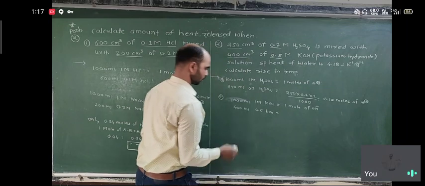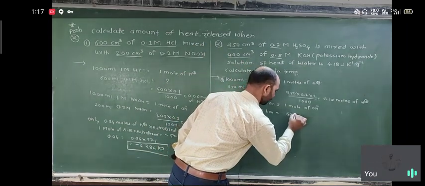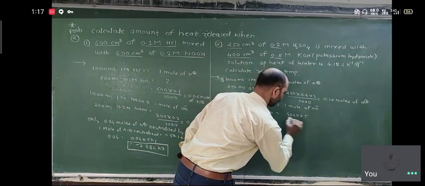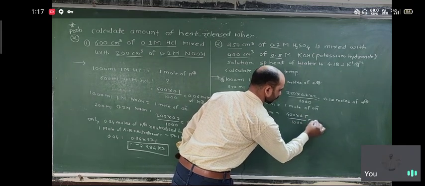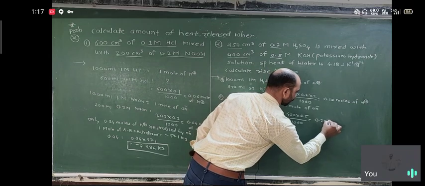So 400 into 0.5 divided by 1000 is equal to 0.20 moles of OH minus ion.